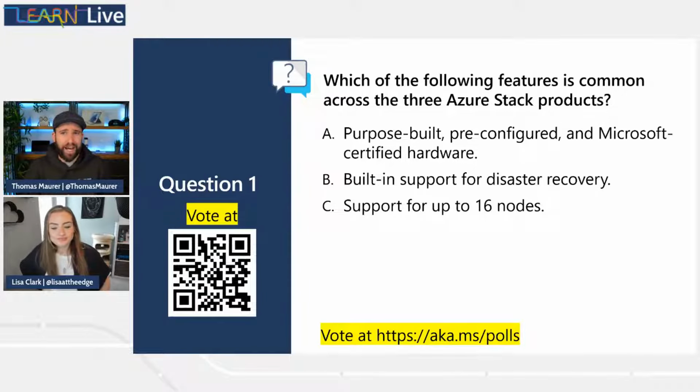I don't think that's an option right now. It's also not designed to do that. The use case is not doing that. So this leaves us with purpose-built, pre-configured, and Microsoft certified and validated hardware. And I think that is absolutely true across all these different Azure Stack services.